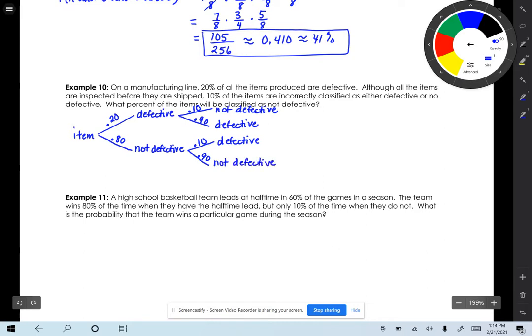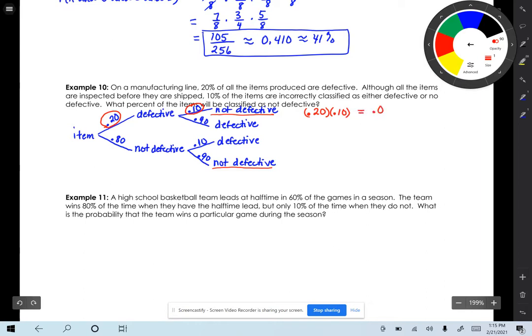Now the question. What percent of the items will be classified as not defective? So you are only interested in this information right here and right there, and you follow your branches. So you start off with 0.20 times 0.10. So 0.20 times 0.10 gives us 0.02.